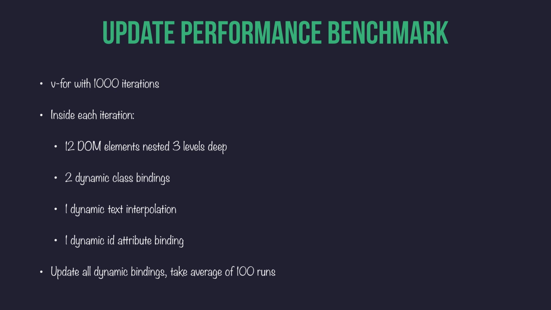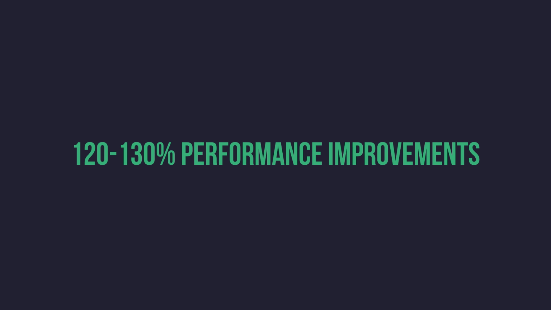And we had to update all the dynamic bindings, taking an average of 100 runs. So they did that with Vue 2 versus Vue 3, and we saw 120 to 130 percent performance improvements over V2. Now, the best part about this is that we won't actually have to do anything except upgrade to see all of these improvements. So that's really great to hear.